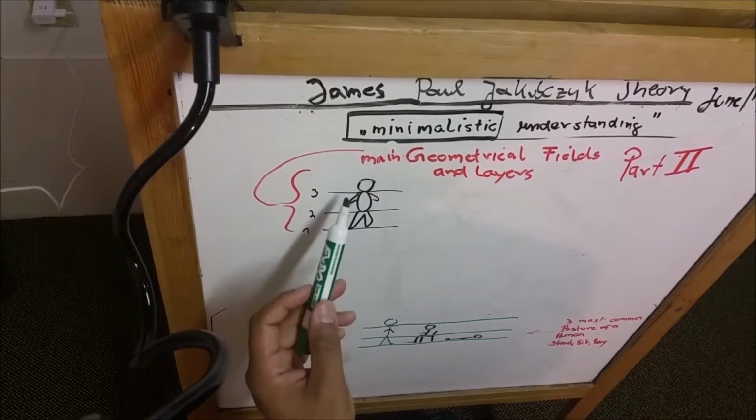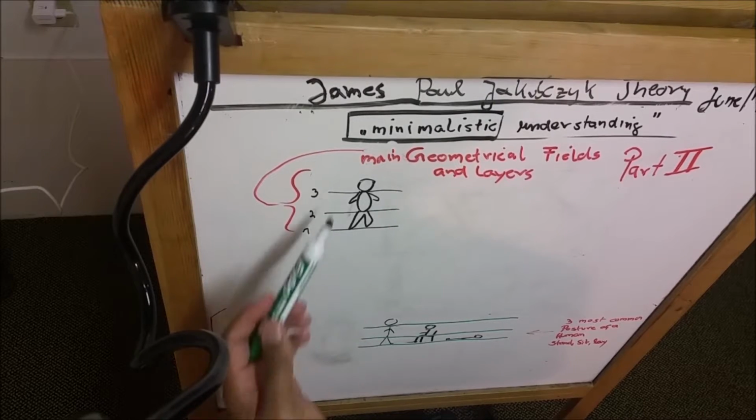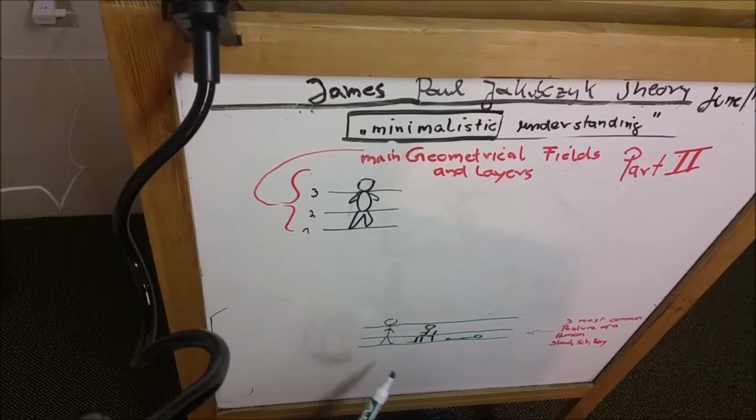So what you see here are those 3 main geometrical field layers, which you've seen here in the standing position: the head layer, the upper body layer, which you also experience when you sit. And then we have the ground level, where you lay down, sleep, and rest, and also when you walk and do activities by standing, running, or walking. You have the standing posture, and you have all these 3 layers included.